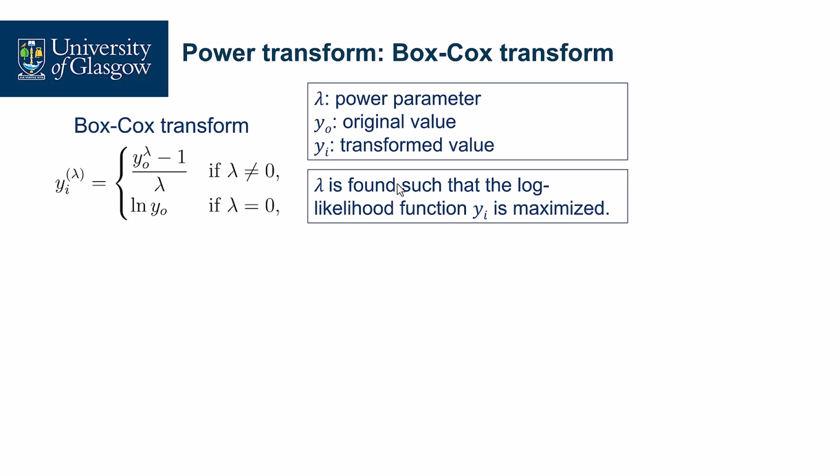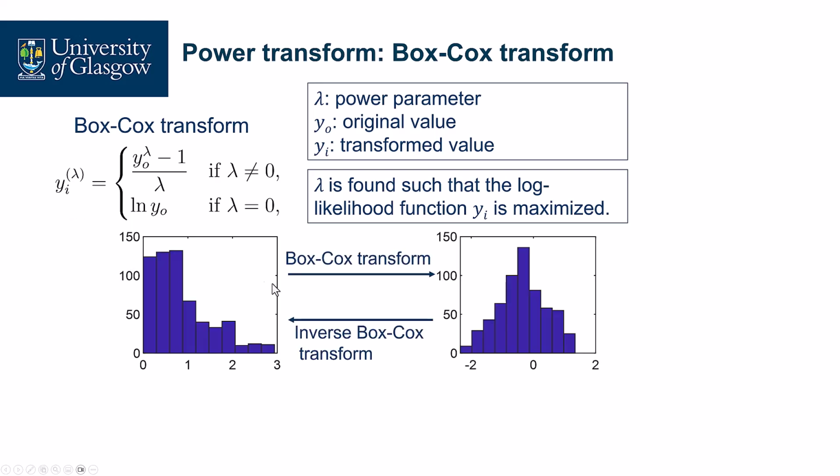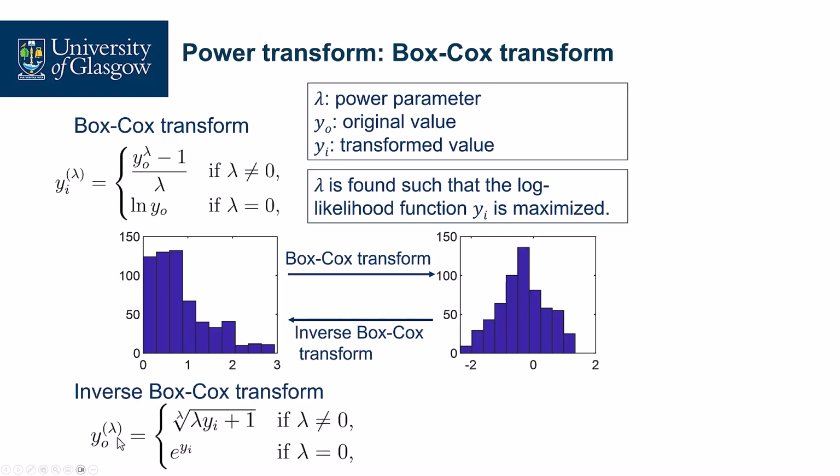Once we estimate this number, we use these formulas with lambda to get the transformed values. We can see an example here. After the Box-Cox transform, the data becomes more Gaussian-like, and the skewness is removed. Then we can do the inverse transform by following these formulas, right?